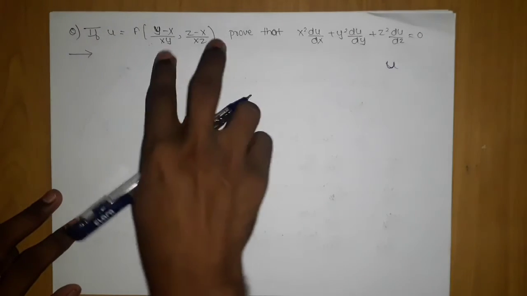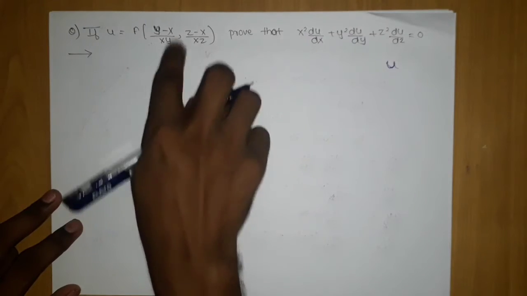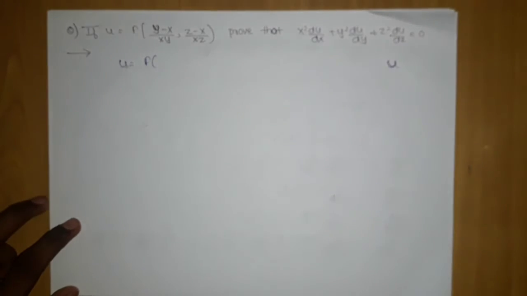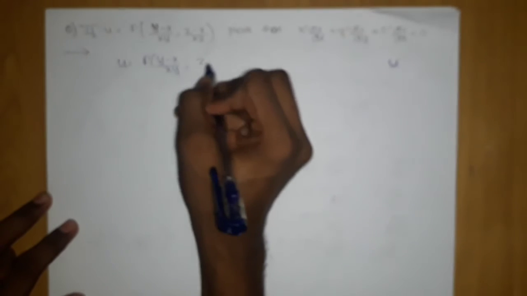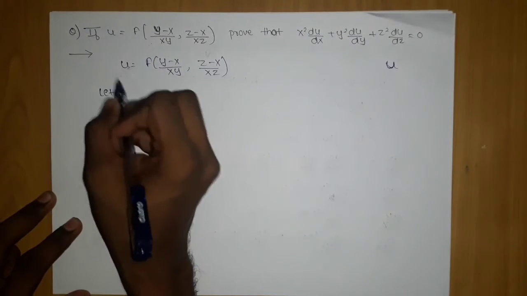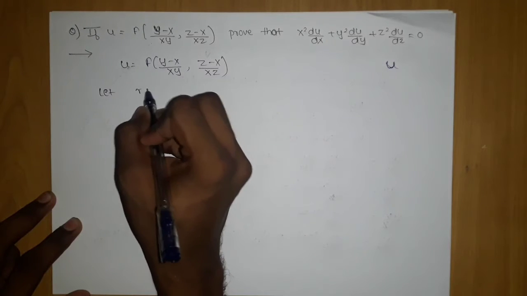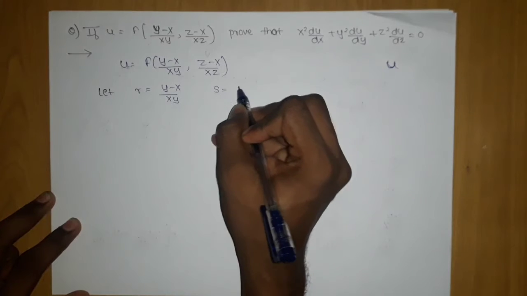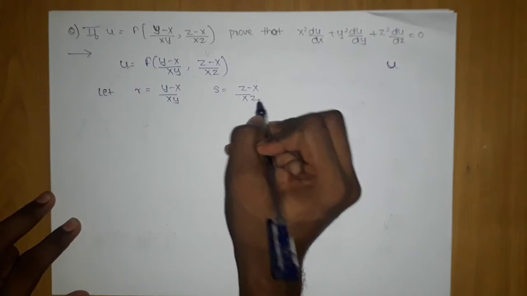If you start the chart, you will know your starting thing is u, but in the middle you will get stuck about what to take. The middle terms you have to name yourself. So first step will be u equals f of (y minus x)/xy, (z minus x)/xz. In the next step, you have to mention this extra step: let r equal (y minus x)/xy, s equals (z minus x)/xz.